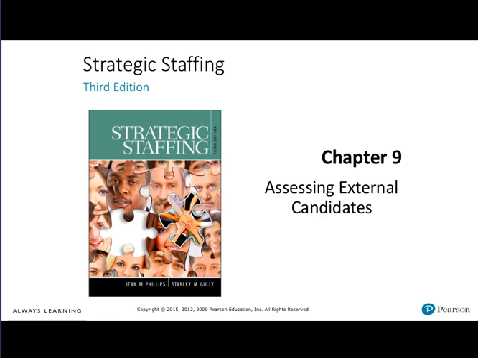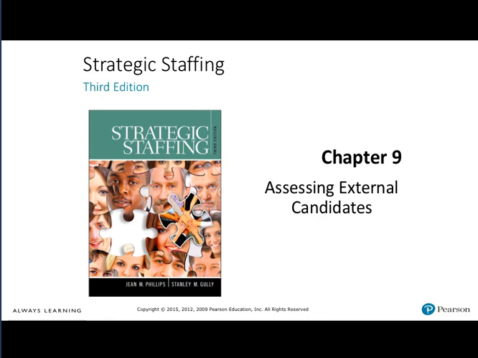Now remember, our goal, believe it or not, is to discriminate. We need to discriminate between good candidates and poor candidates. Discriminating in and of itself isn't the problem. The problem is when we use non-job related criteria to discriminate amongst our candidates. So that's how the terminology is actually used.